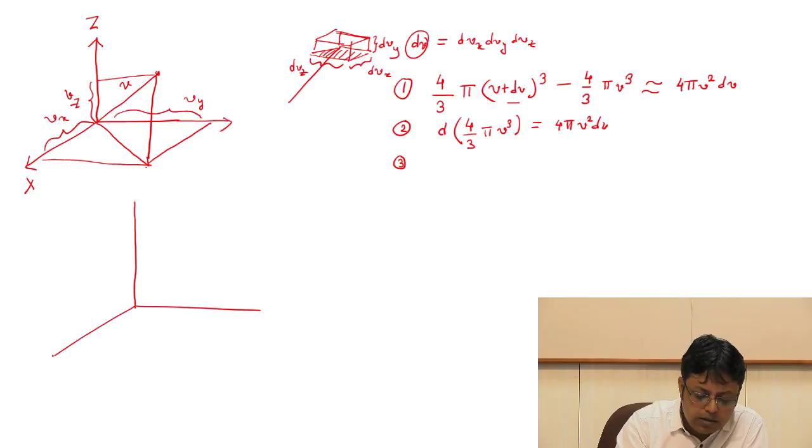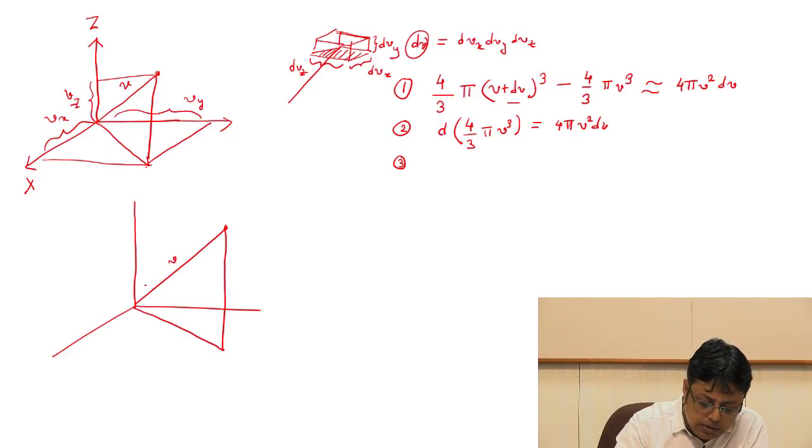And the third method, which I will show you now: instead of writing it in rectangular Cartesian coordinates, I'll go to spherical coordinates, where I basically have three parameters. One is the length, which is v, like this.